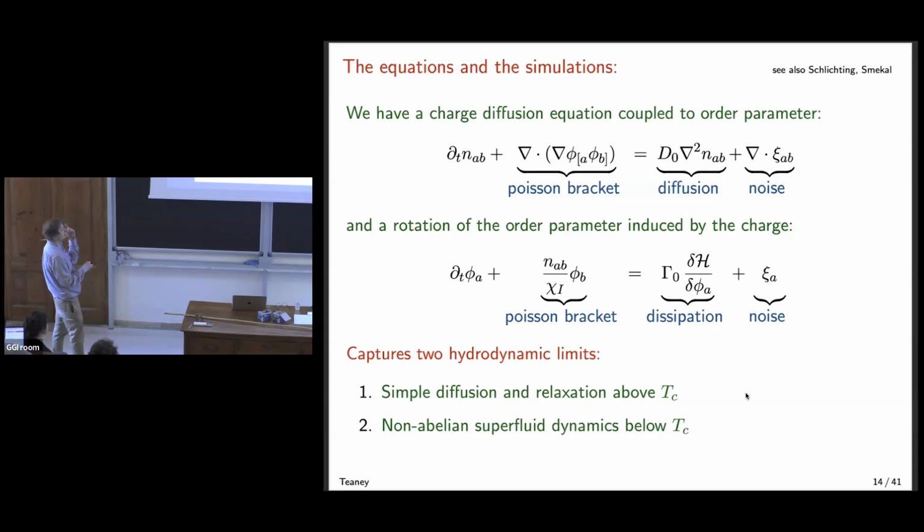If I drop this dissipative term, it's a precession equation. It's just saying how the phase is rotating. So this theory captures two limits. The first is simple diffusion of the charges above Tc. And the second theory below Tc is non-abelian superfluid dynamics, the superfluid modes being the pions.